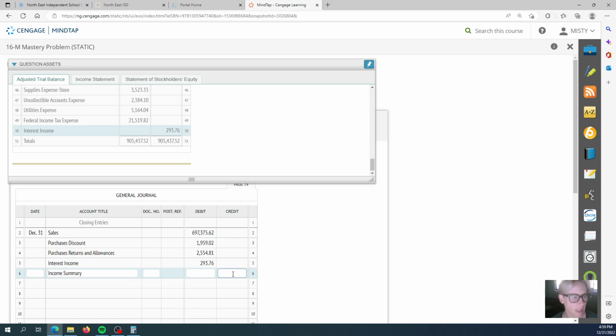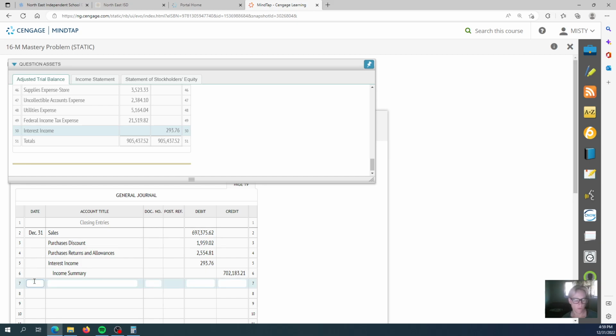I'm going to look at my little cheat sheet here, and it should come out to 702,183.21. Okay. We have zeroed out sales, purchases discounts, purchases returns and allowances, and interest income.